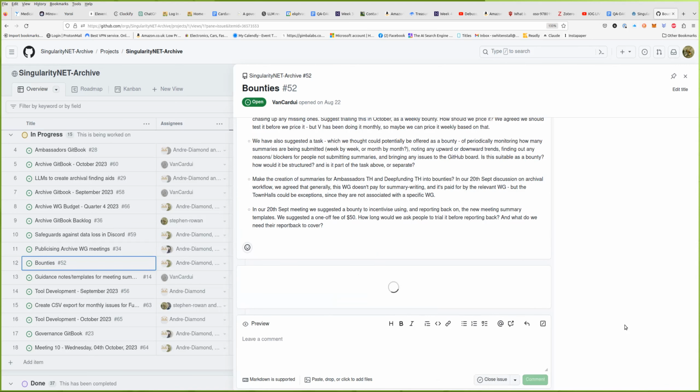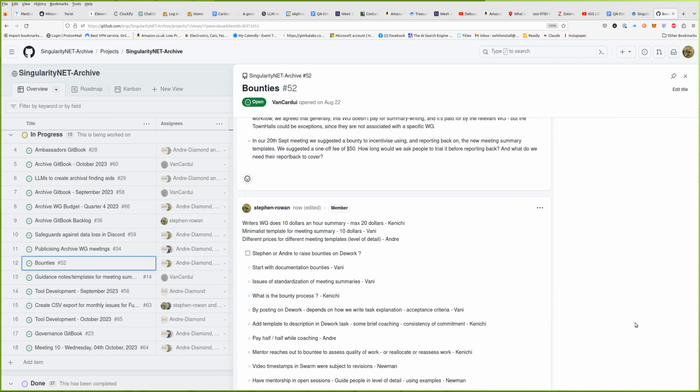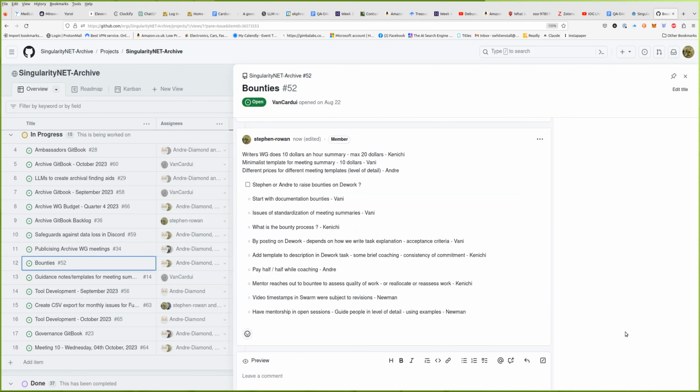Also, the next issue is relevant to this as well, in terms of how we guide and template meeting summaries. Yeah, I'd love to work it into the after town hall session. That's cracking. We'll do that.